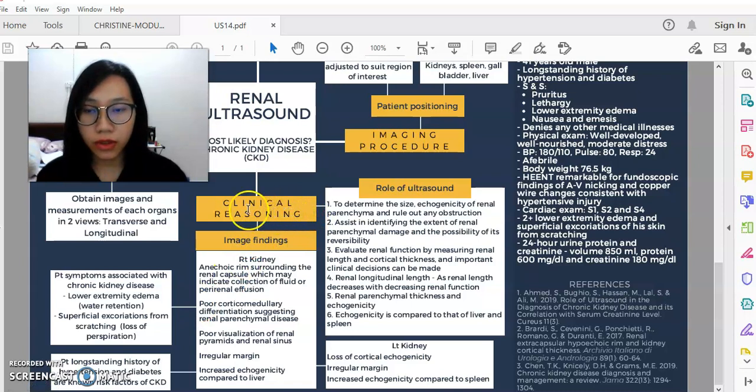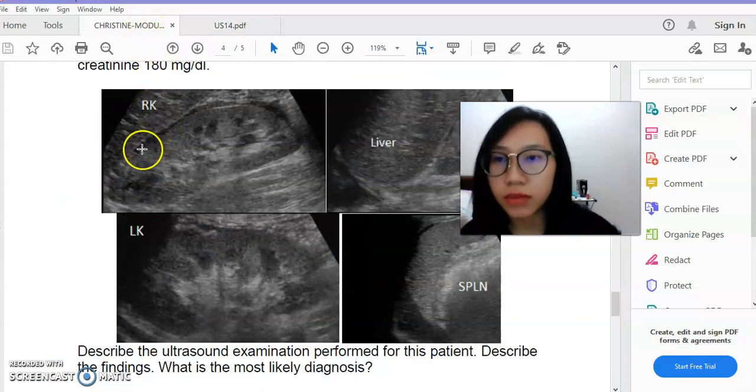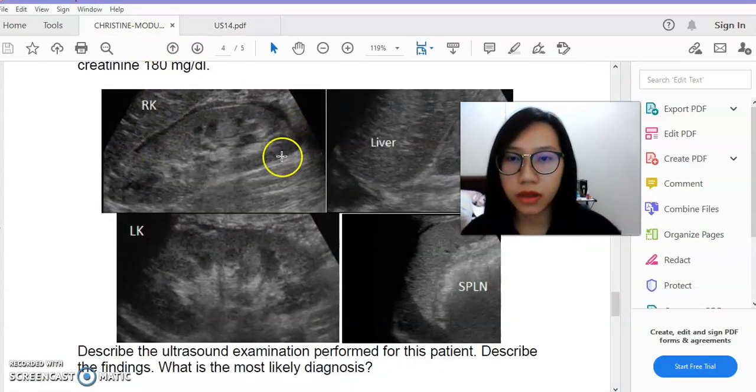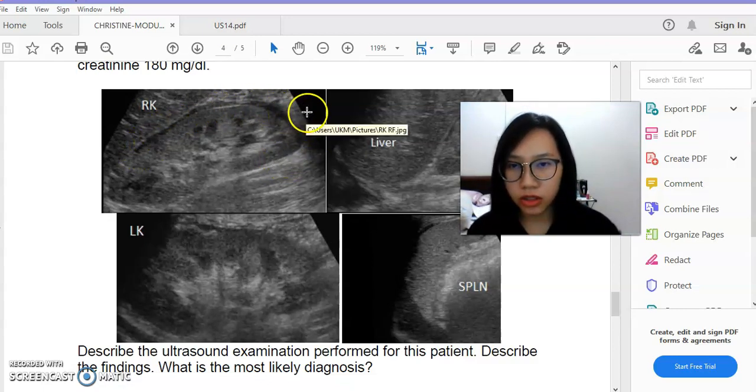Then for the image findings of the right kidney, we can see an anechoic rim surrounding the renal capsule, which may indicate collection of fluid or perirenal effusion. The anechoic rim is this one. Usually the kidney will have an echogenic wall, but in this case the echogenicity of the kidney, the renal capsule, is lost.